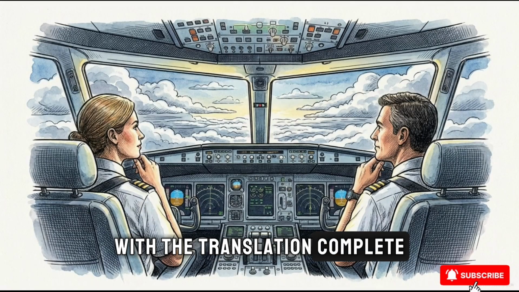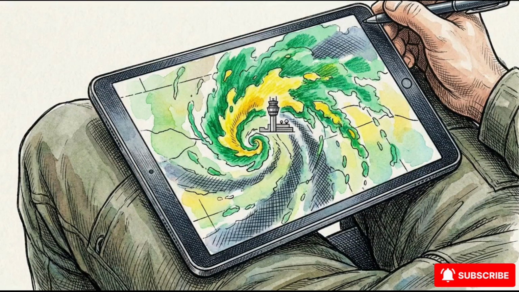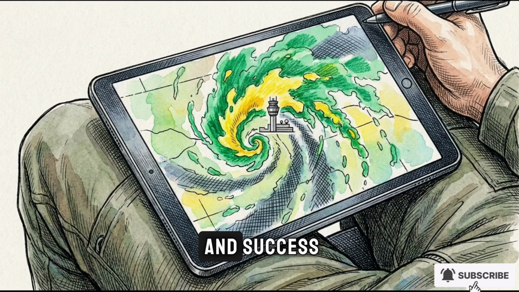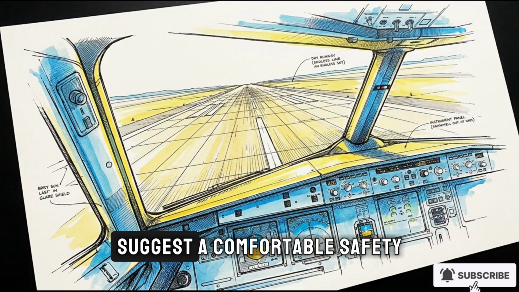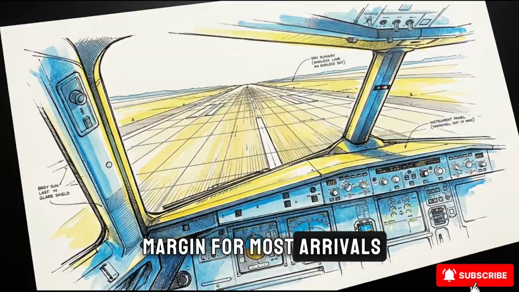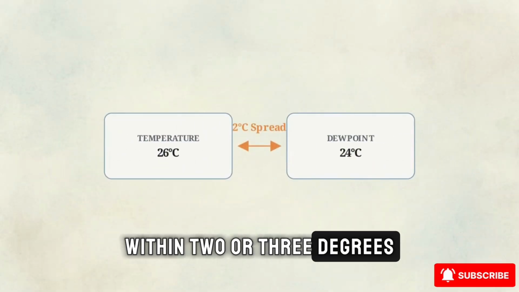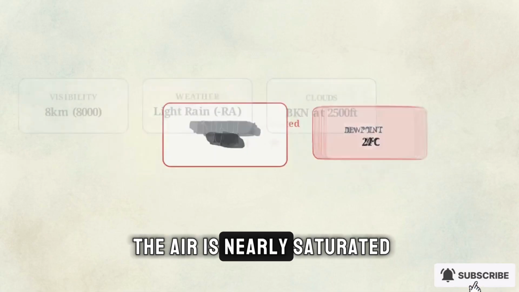With the translation complete, look past the codes and evaluate the operational reality. Professionals focus on how these data points interact to affect flight safety and success. Considered alone, 8 kilometers of visibility suggests a comfortable safety margin for most arrivals. When the temperature and dew point converge within 2 or 3 degrees, as they do here with the 26-24 spread, the air is nearly saturated.